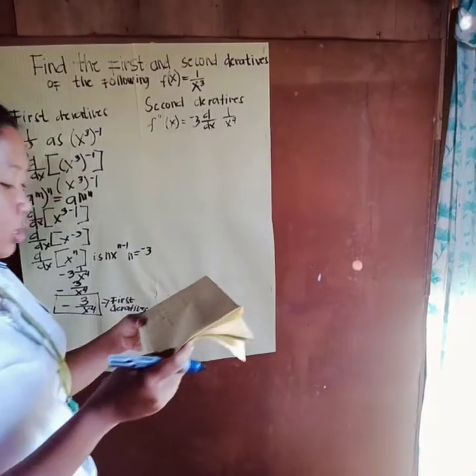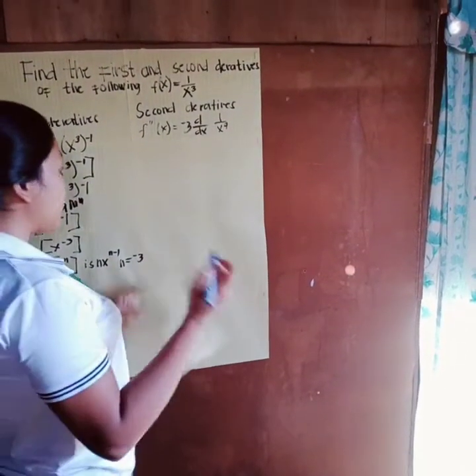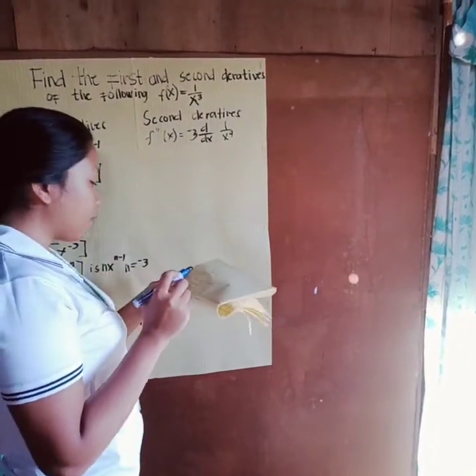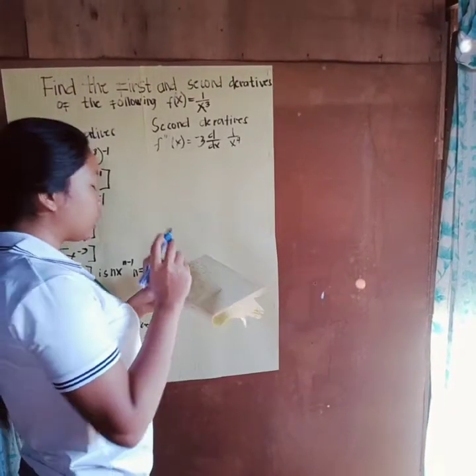Apply the basic rules of exponent. Again, we write 1 over x to the 4 as x to the 4 to the negative 1.